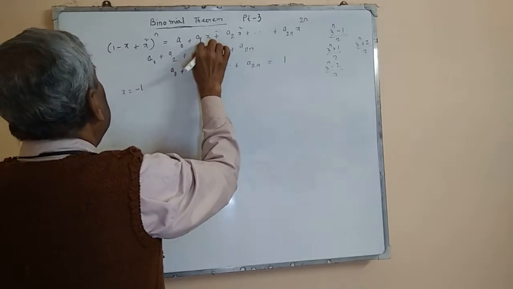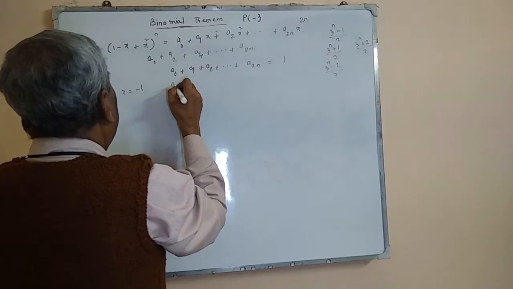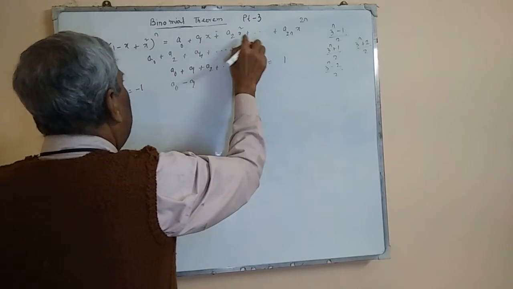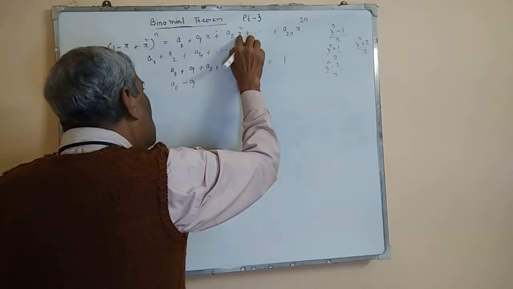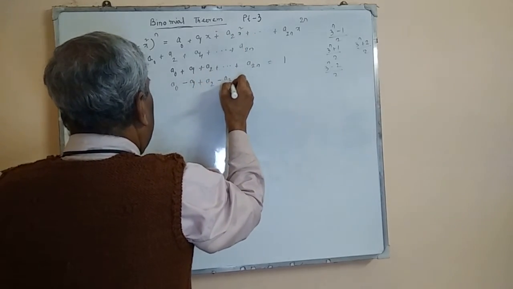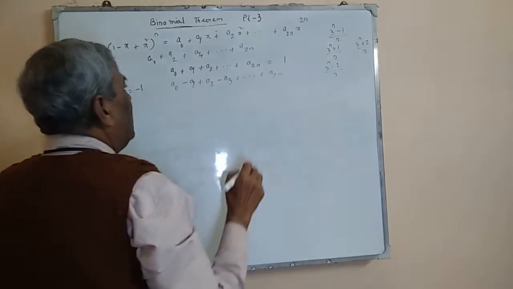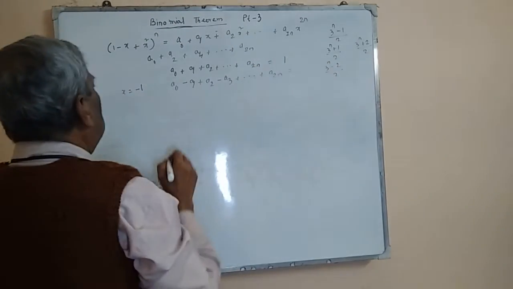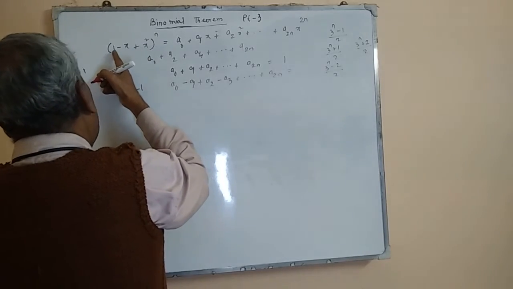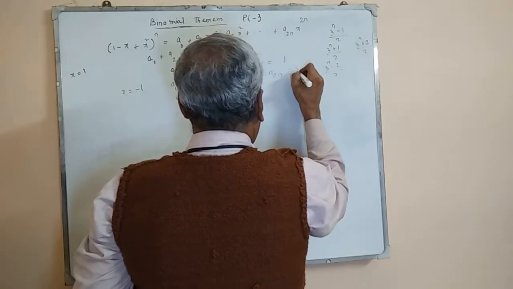So this will be a0 minus a1 plus a2, then minus a3, this way up to a2n because it is even, and this is equal to, putting x is equal to minus 1, 1 plus 1 plus 1, which is 3 to the power n.